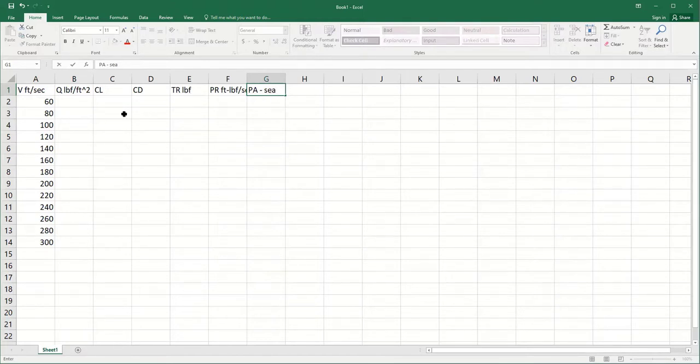So this is how I'm going to keep track. So the dynamic pressure is equal to 0.5 times the density times the velocity squared. So that's nothing new. We've done that before, right?